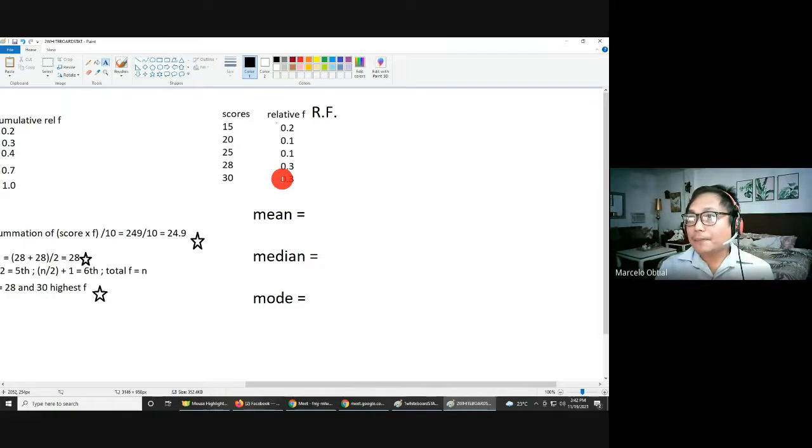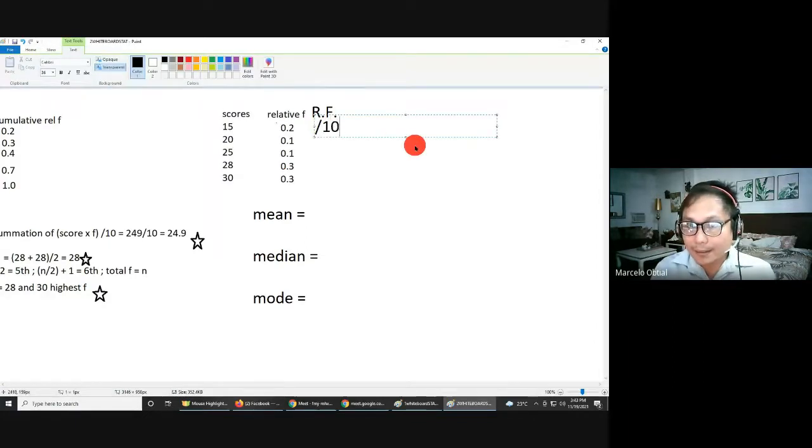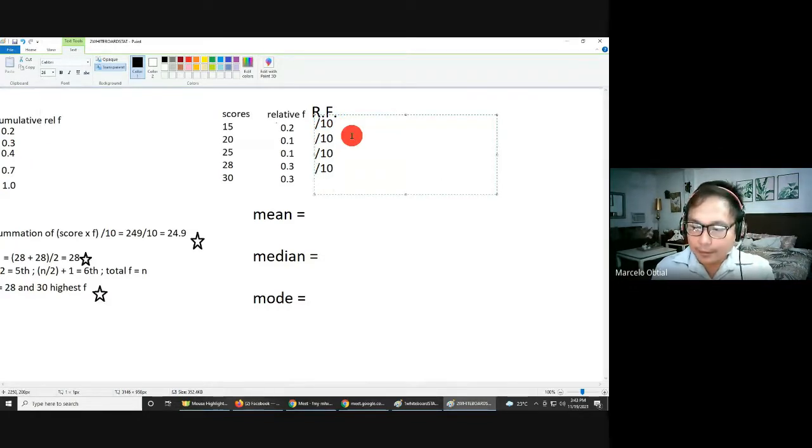Pinakasanayan na kasi natin na ibigkasin siya ng 0.2. But the proper way to read this is 2/10. Ibig sabihin, the denominator of this is 10. Okay, correct? Denominator of this is 10. Denominator nito 10. 10, 10.